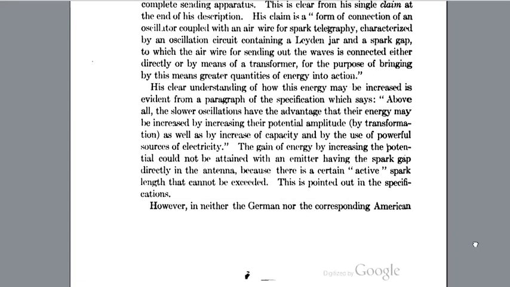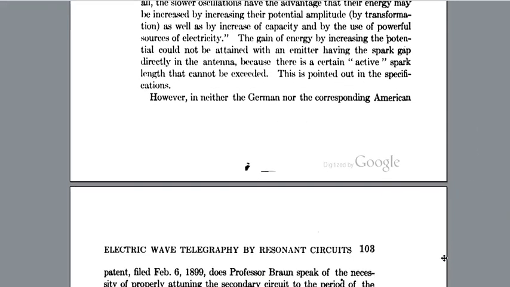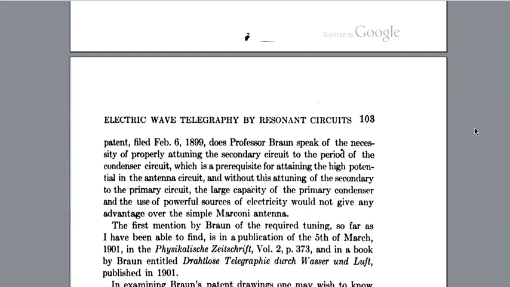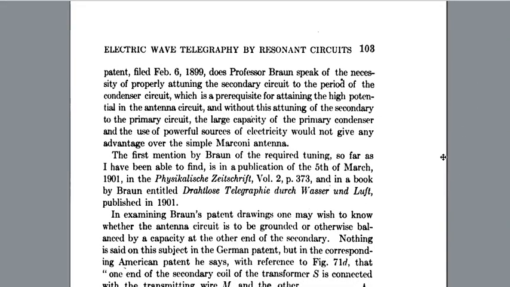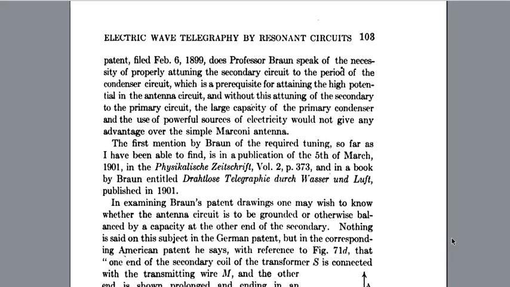This point is brought out in the specifications. However, neither in the German nor the corresponding American patent, filed February 6, 1899, does Professor Braun speak of the necessity of properly attuning the secondary circuit to the period of the condenser circuit, which is a prerequisite for attaining the high potential in the antenna circuit.